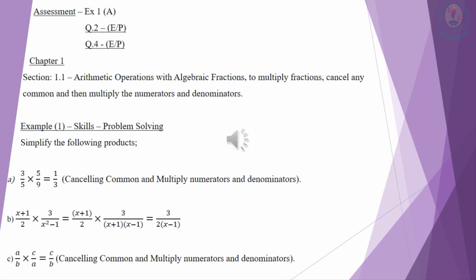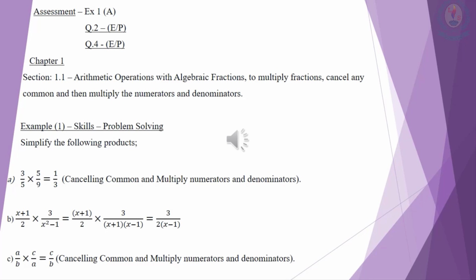Part B, x plus 1 divided by 2 multiplied by 3 divided by x squared minus 1, which is equal to x plus 1 multiplied by 3 over x plus 1 into x minus 1, where x squared minus 1 has the factors of x plus 1 into x minus 1.